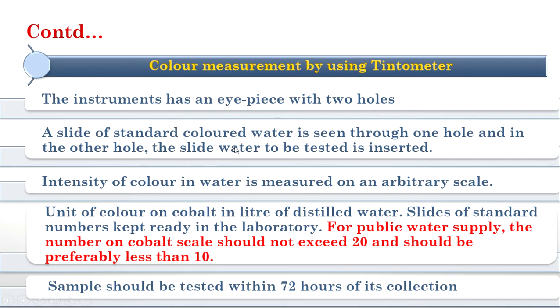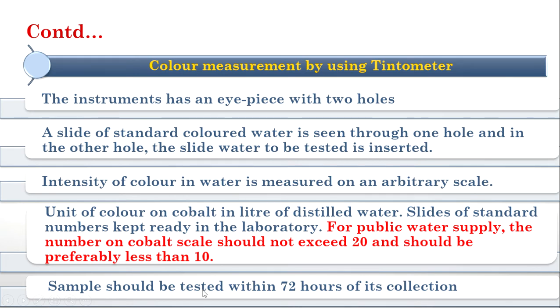The intensity of color in water is measured on an arbitrary scale. For public water supply, the number on the cobalt scale should not exceed 20 and should preferably be less than 10. And for measurement of color, we should test the sample within 72 hours of its collection.